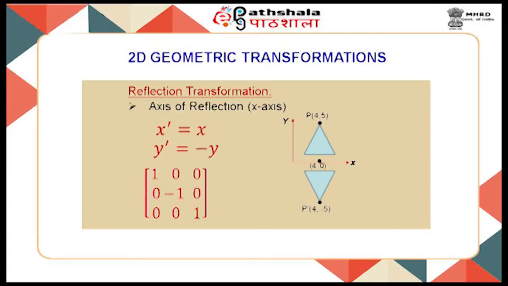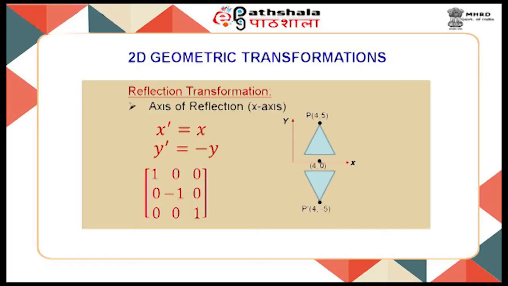Here, if we imagine the x axis to be the axis of reflection, see this example shown here: a triangle is taken as an object, which is to be reflected with respect to the x axis. The triangle has one of its vertices as P (4, 5).